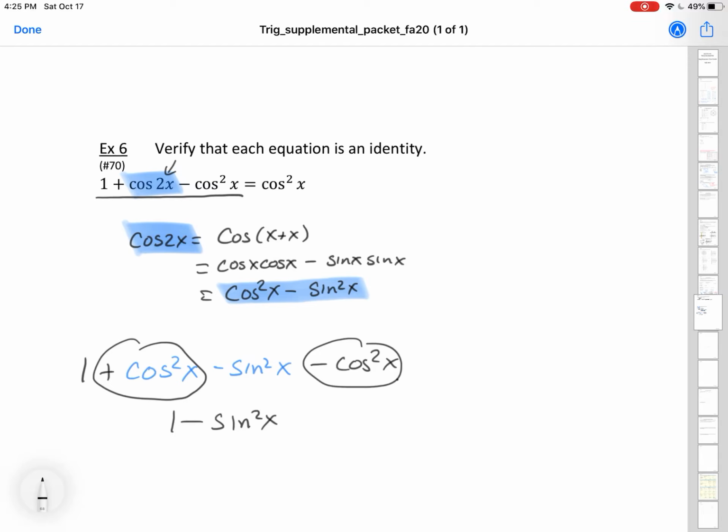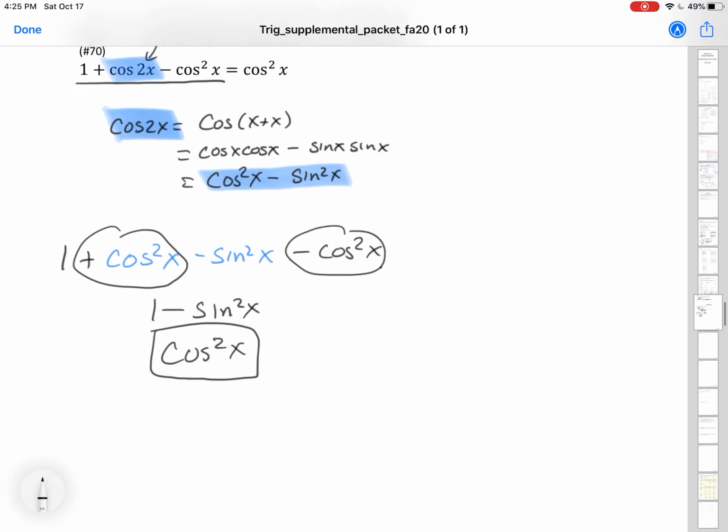Think about your Pythagorean identity, namely that cosine squared x plus sine squared x is equal to 1. Always think about that when you have a sine squared or a cosine squared. So what's 1 minus sine squared x? I know you see it. Cosine squared x. And you're finished. You showed that the left-hand side can just be condensed down to cosine squared x.